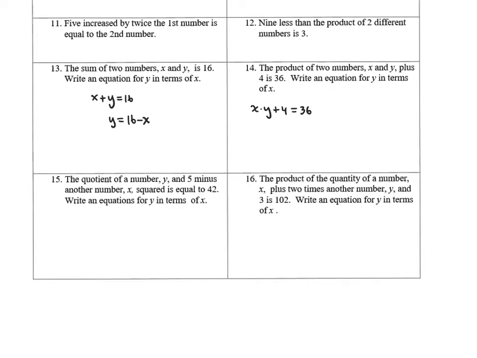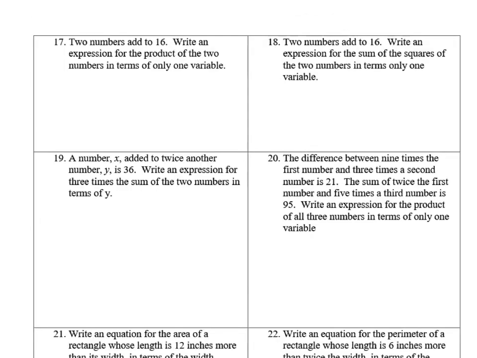So I would subtract 4 from both sides, giving me 32, and divide by x. Looks like I would get 32 divided by x. This would be true provided that x is not equal to 0. That would be a discontinuity, an undefined value, if you will. Okay, let's move to the next slide.